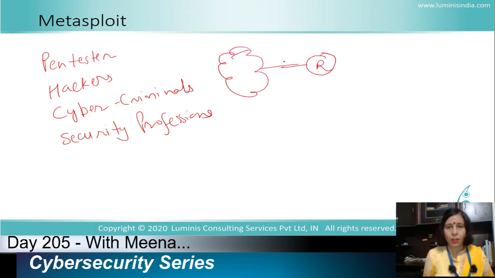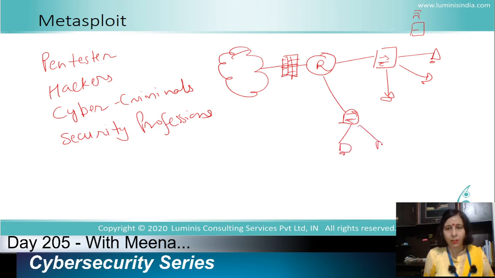We also have, for example, a firewall or IPS, IDS, whatsoever we are having in our network. And for example, here are switches and multiple devices, or there can be some wireless devices which are accessing our network. Another part of the network has multiple other devices.